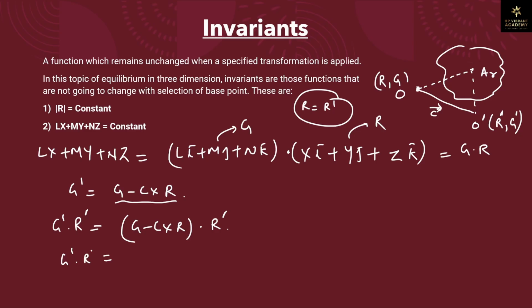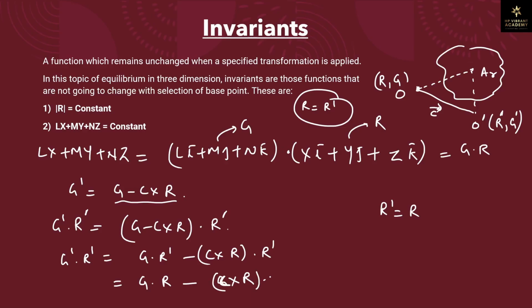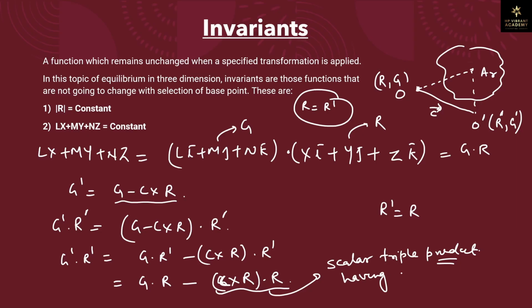G dash dot R dash is equal to G dot R dash minus C cross R dot R dash, and we have R dash is equal to R. So this is equal to G dot R minus C cross R dot R. This is a scalar triple product having two same vectors, so this is nothing but 0.